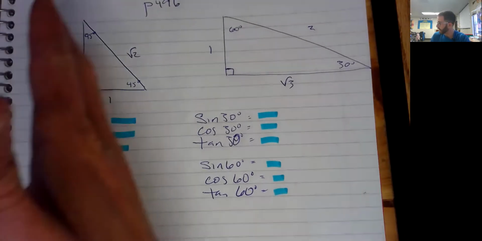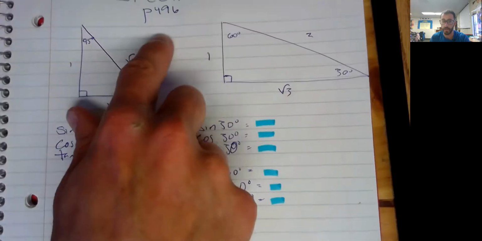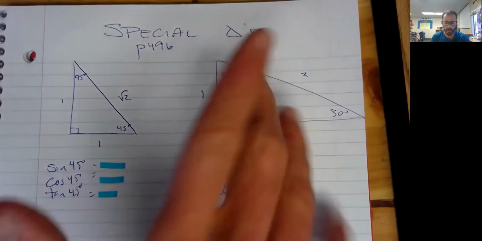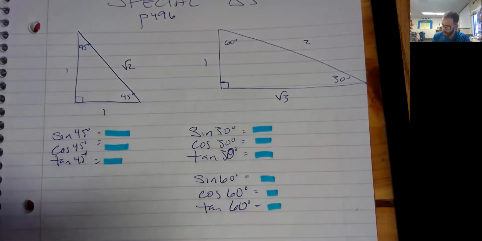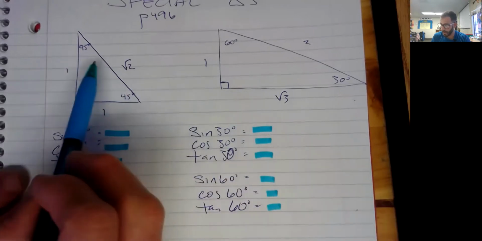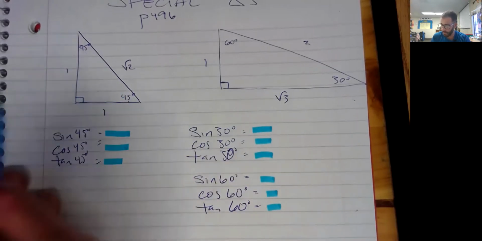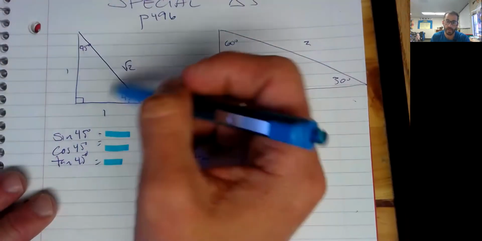All right, this is what the book gave us an example for, example 5 on page 496. So let's go through it. I like to fill in all the angles. They gave us this 45, I put in that 45, and they said 1, 1, 1 rad 2, x, x, x rad 2.